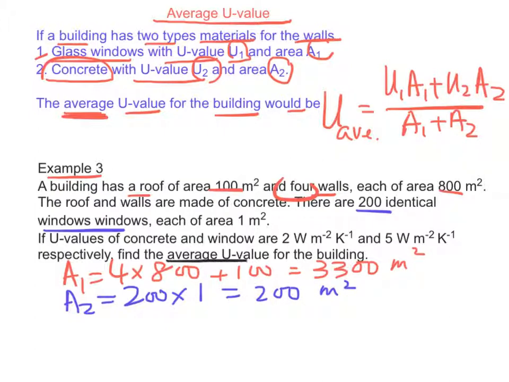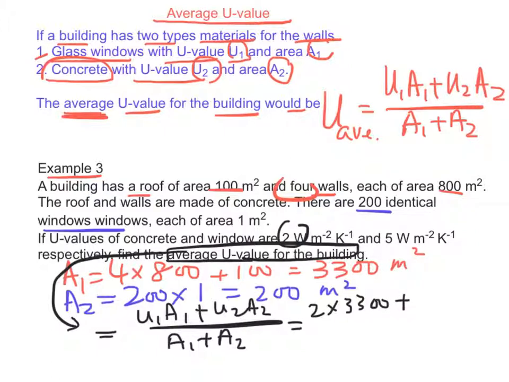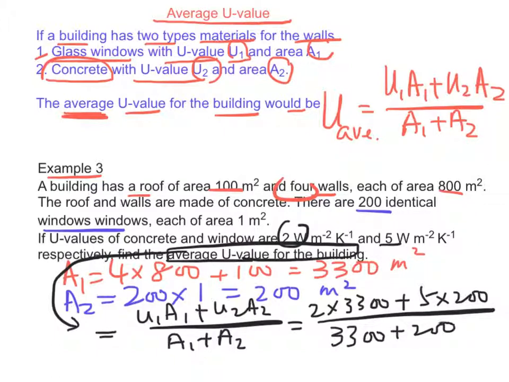Hence, the average U value for the building would be (U1 A1 plus U2 A2) over (A1 plus A2), equal to (2 times 3300 plus 5 times 200) over (3300 plus 200), which is equal to 2.17 watt per meter square per K.